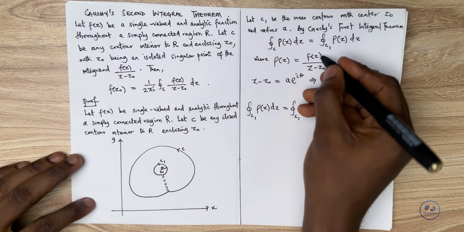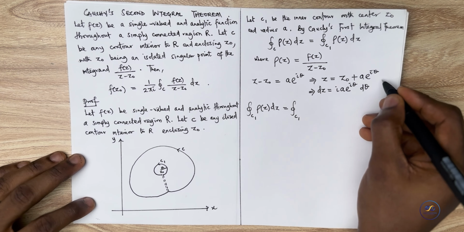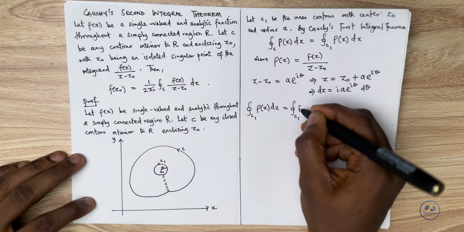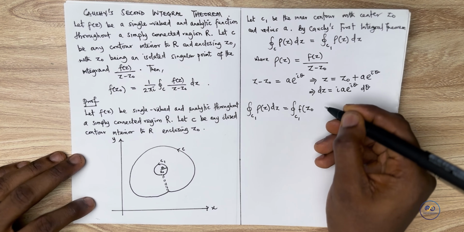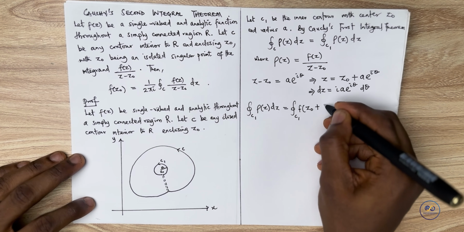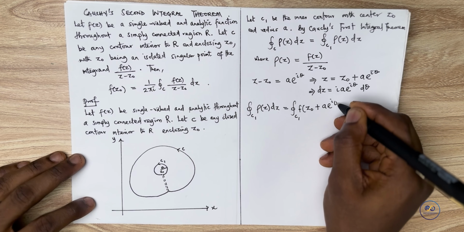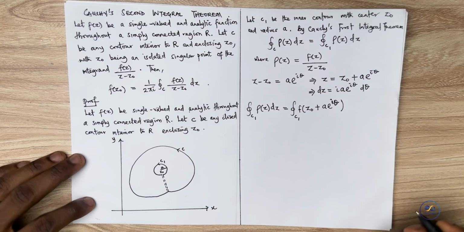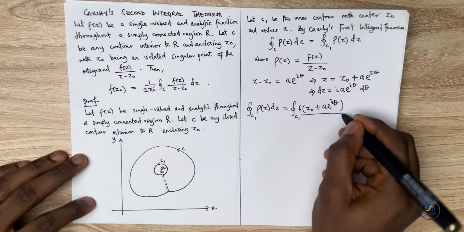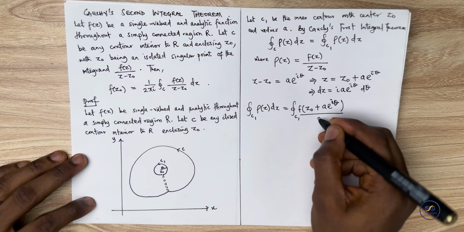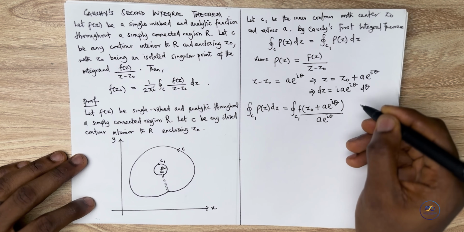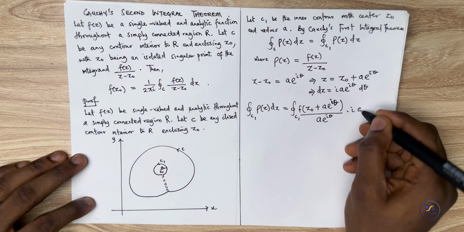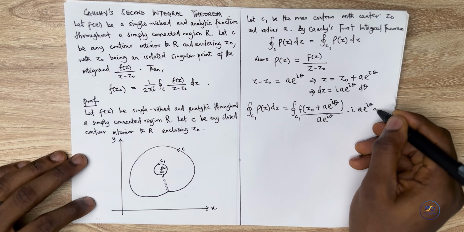Now, remember, f of z, since z is written like this, we can rewrite z inside the function as f of z naught plus a e raised to power i theta, and then divided by z minus z naught, which is a e raised to power i theta, and then dz, which of course we are given as i a e raised to power i theta.